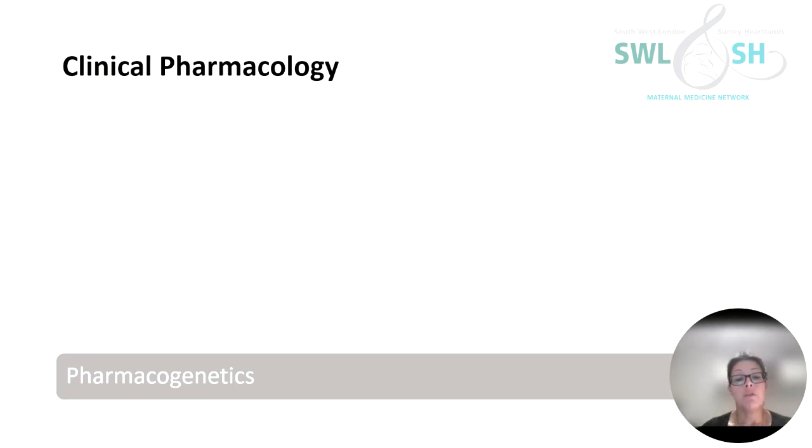Finally, mentioning pharmacogenetics, this is where our genes may handle drug metabolism and effectiveness. We have variants in our genetics, and they can actually cause a problem with effectiveness. An example of that would be in the use of clopidogrel, which is an antiplatelet agent. It's used in patients with stroke or indeed in patients who have coronary artery disease.